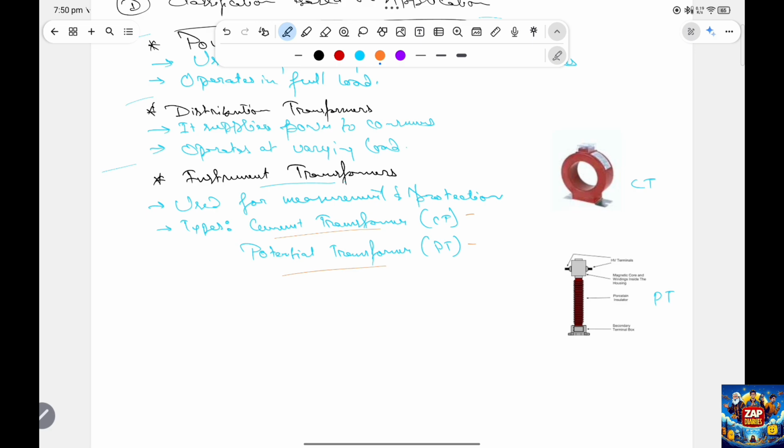So this is used to measure, and if the current goes higher, there might be some fault, so it's also used as a protection device in substations. And then we have a potential transformer. A potential transformer basically measures the voltage. So this is the design of a potential transformer, and this is how a CT looks. Okay.